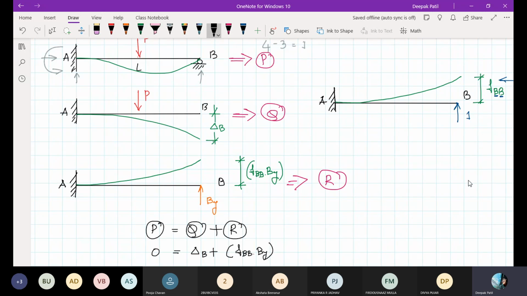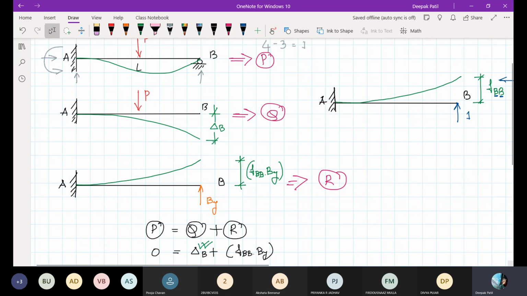You have studied double integration method, Macaulay's method, moment area method, conjugate beam method, virtual work principle method. Many methods are there to find deflection in a determinate beam. So it means that you can easily find delta B using any of the methods. Do you agree? Yes, sir.